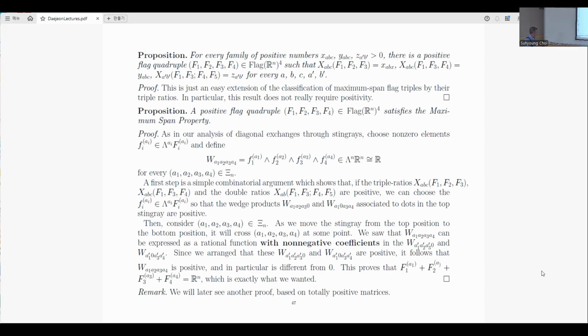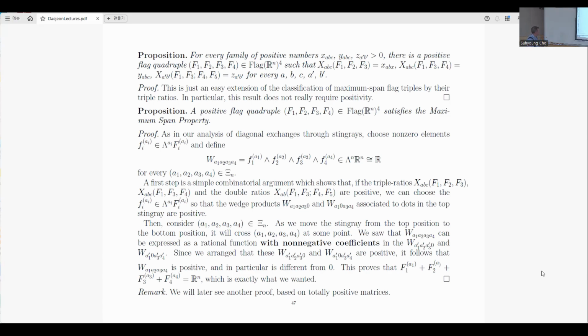Well, and also we had that result, which was much deeper, which says that this wedge product you can always express as a rational function with non-negative coefficients in these positive numbers. And so in particular, it's positive, it's not zero.